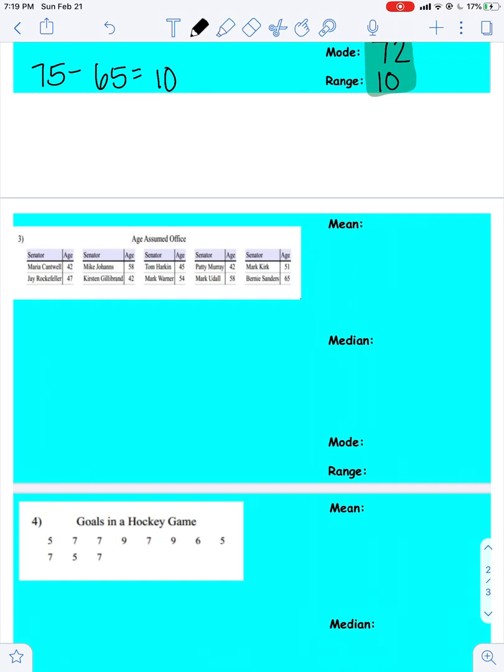So we're going to find the average by taking 42 plus 47 plus 58 plus 42 plus 45 plus 54 plus 42.